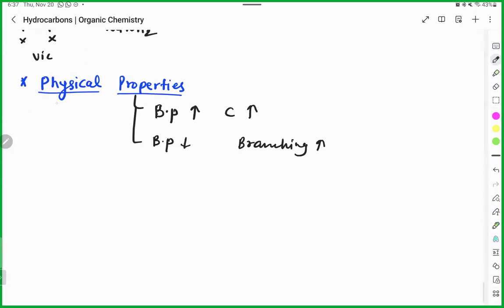In the same way, in physical property, you can see that early members are gas, then liquid, then solid. Here, the first three members are gas, then the next eight members, up to C11, are liquid, and after that, after C12, these are solid.